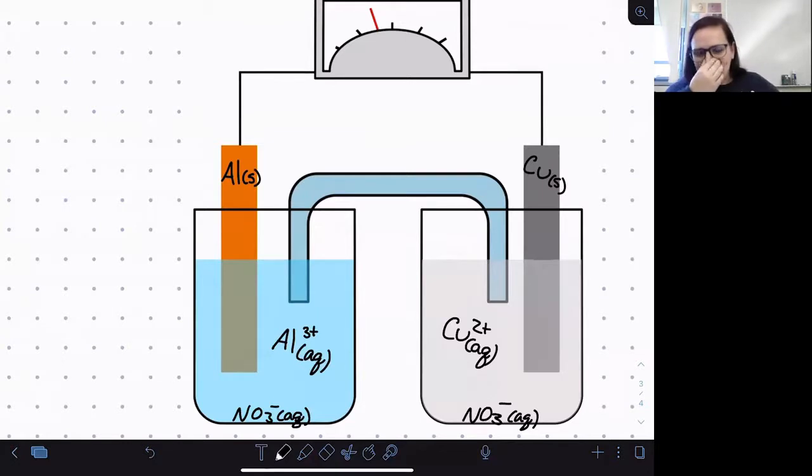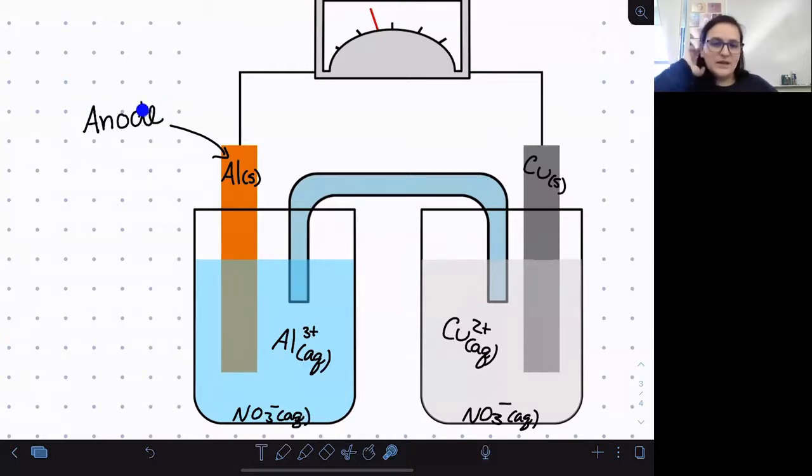So we said that the aluminum reaction was what was happening at our anode. So this chunk of metal is our anode. Sometimes you will also hear the entire beaker referred to as the anode, but the specific electrode, the actual place within that beaker where oxidation is going to happen, is the surface of that chunk of metal. So oxidation happens here.